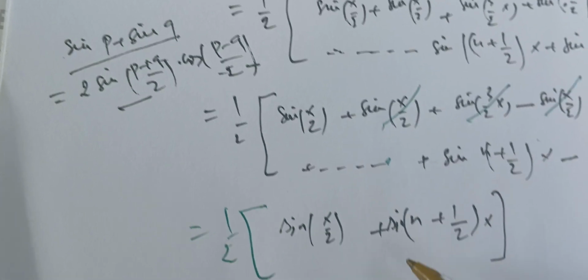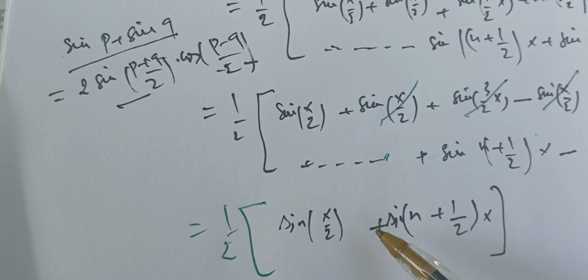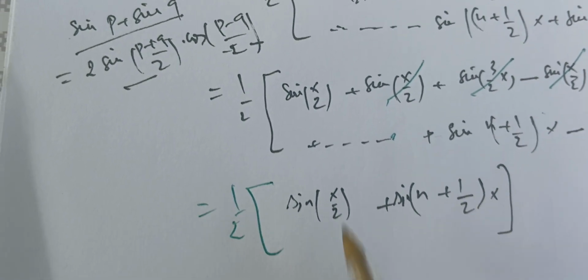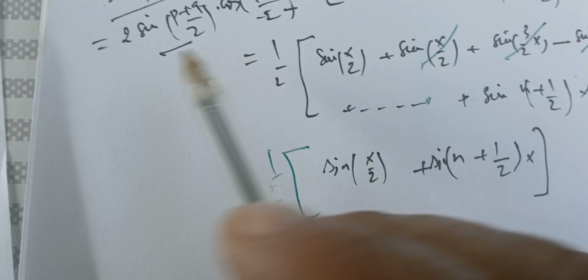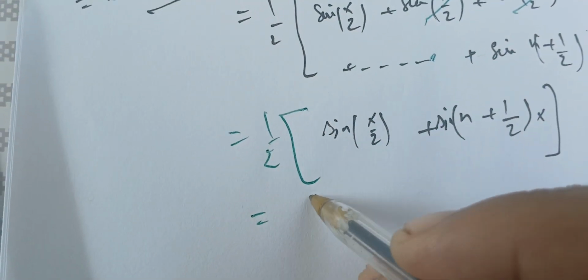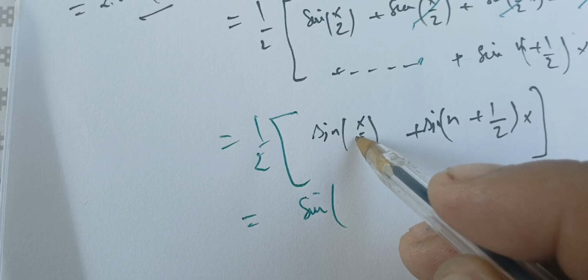To use it here, I'm going to assume that p is x over 2 and q is n plus 1/2 x. Therefore, these two will go with these two here. So what I have now is the sine of p plus q over 2.